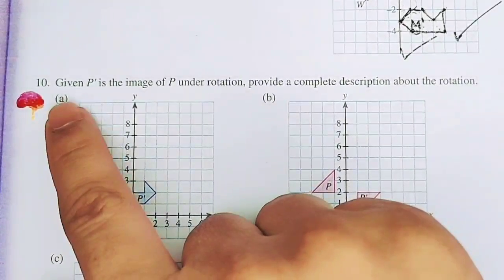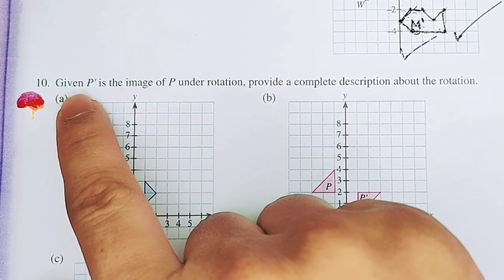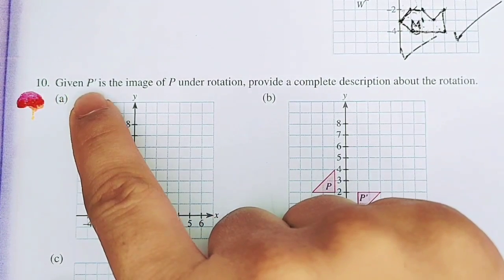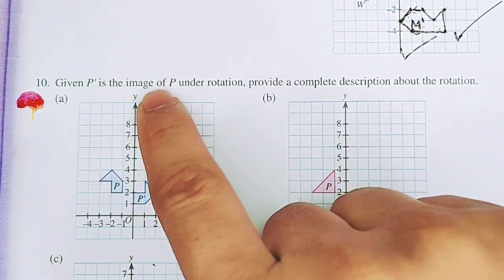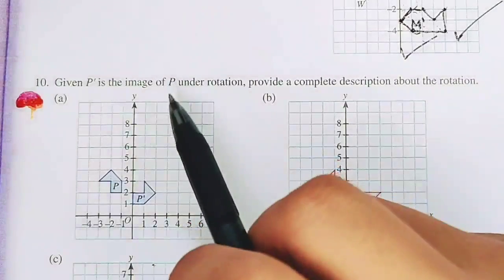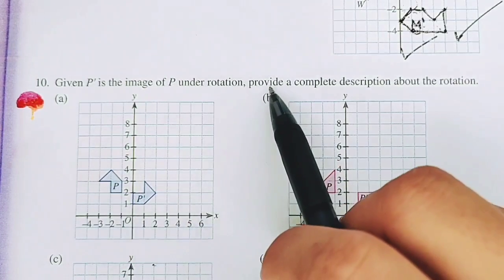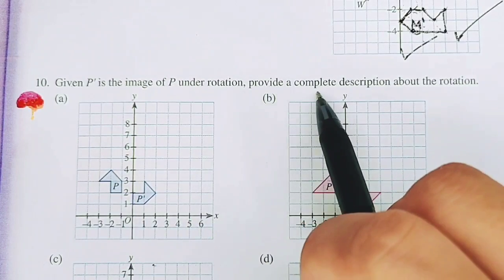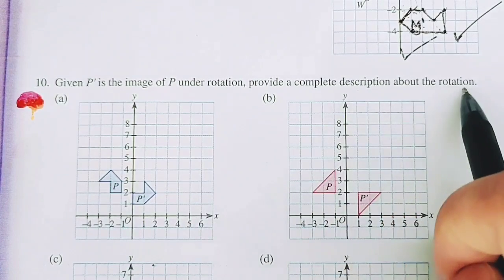Now we are going to do question number 10. Given P prime is the image of P under rotation, provide a complete description about the rotation.